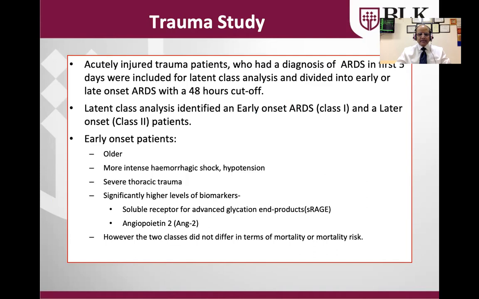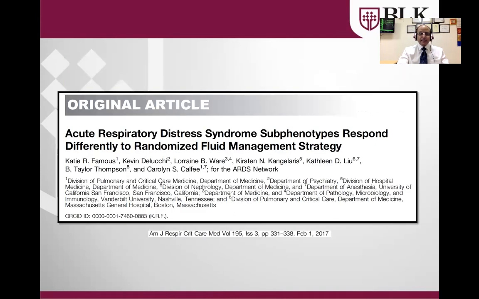Again, latent class analysis was done, and they could identify early onset class 1 and late onset class 2. Early onset patients were older, with more intense hemorrhagic shock, hypotension, and severe thoracic trauma, and they had a high level of biomarkers, both RAGE as well as Ang2. But they could not find a difference in mortality between class 1 and class 2.